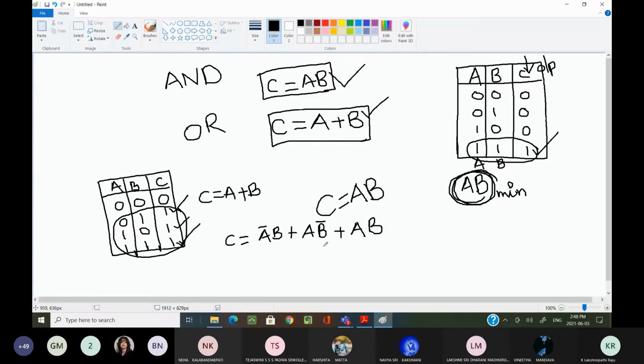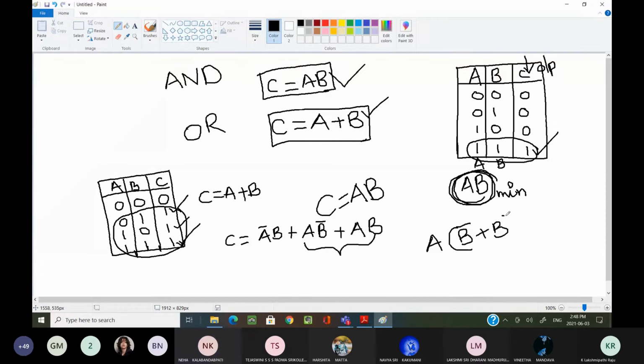Now, among these two terms, what can I take common? A I can take as common. Can I take A as common among these two terms? Yes. Now this will become B bar plus B.